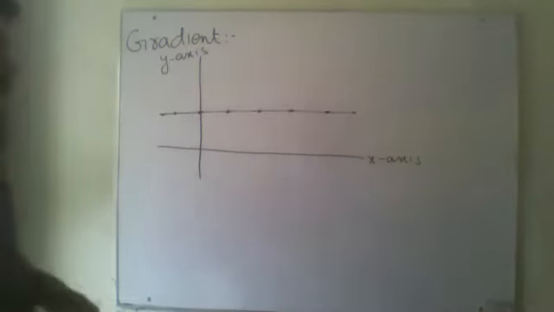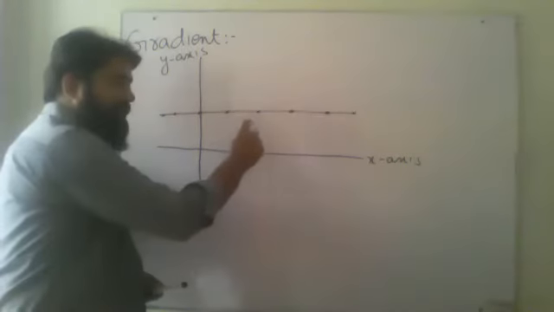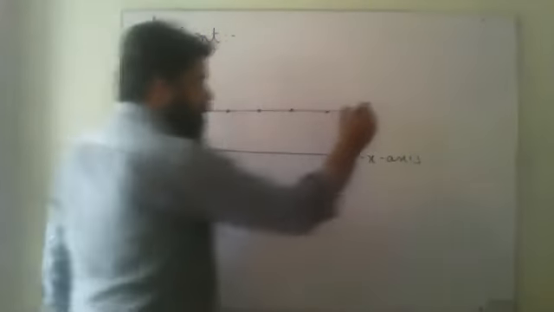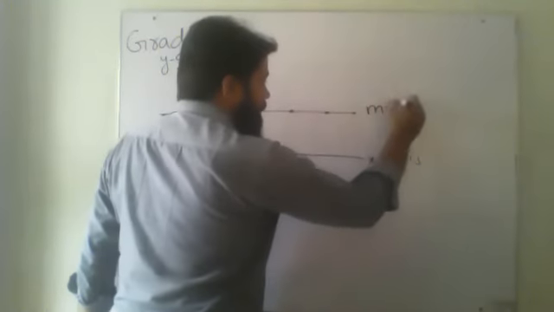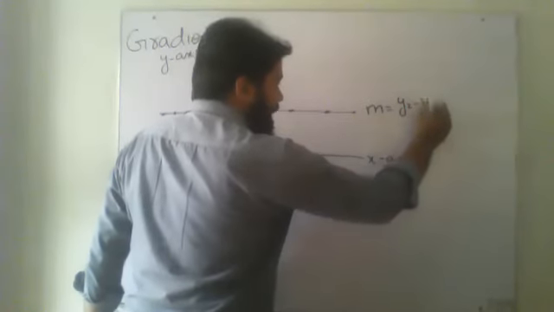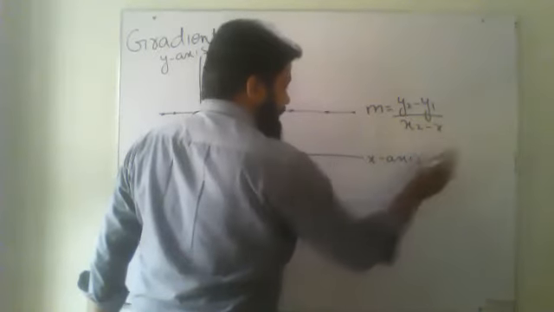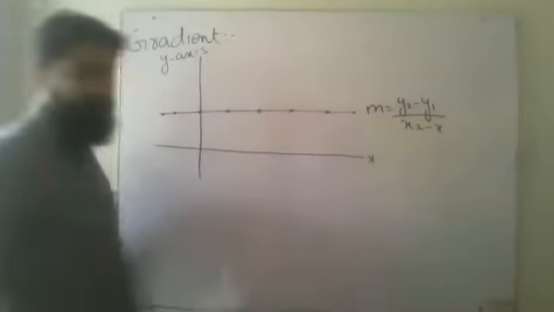It means if I say let's find the gradient of this line, what will happen? We know that the gradient formula is y2 minus y1 upon x2 minus x1. That's my gradient formula.